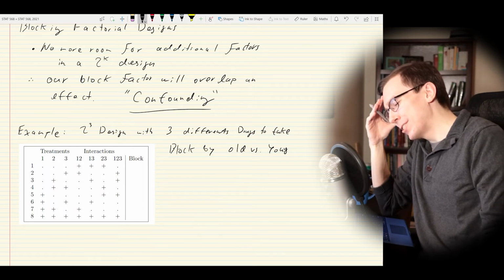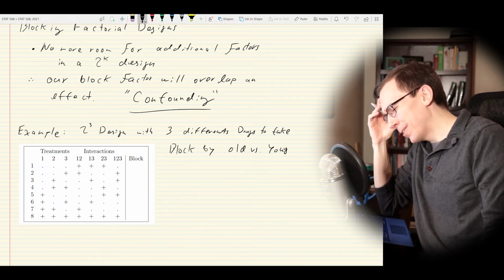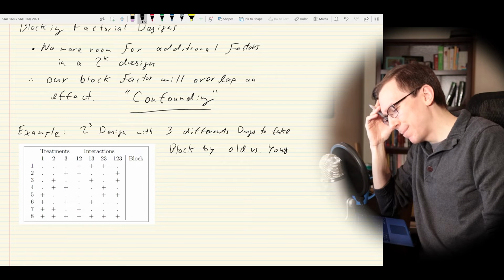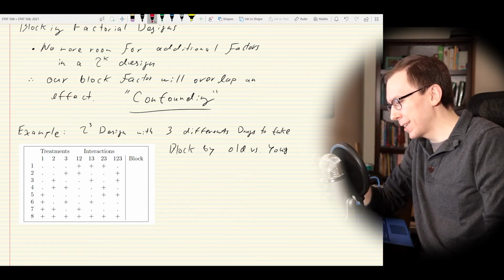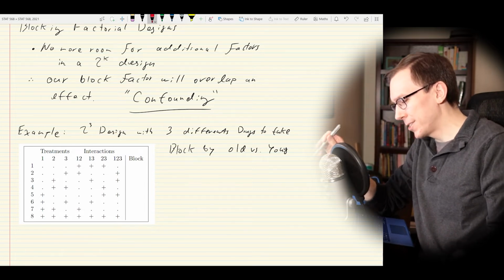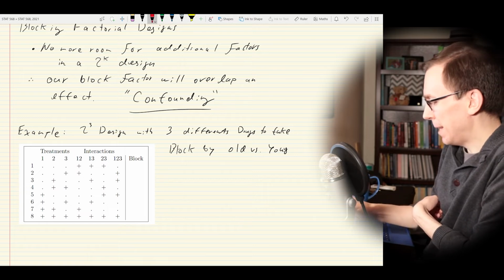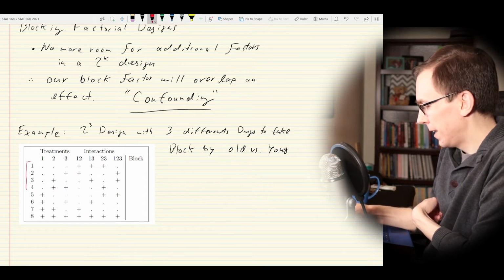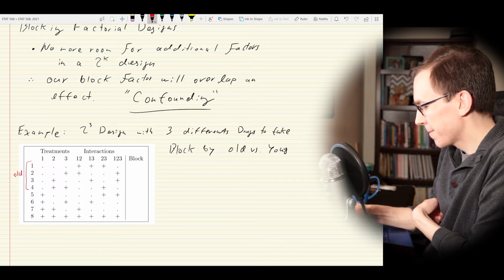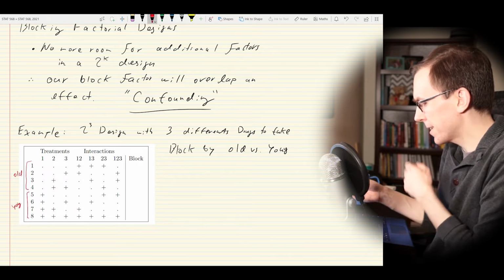But then the question is, how in the world do we split up our 8 subjects? Effectively, I want to take maybe the first 4 and call these the old ones, and then take the next 4 and call these the young ones. That might make sense.